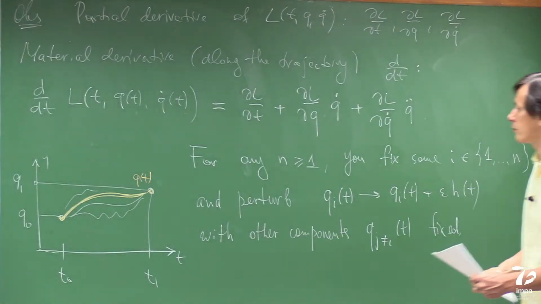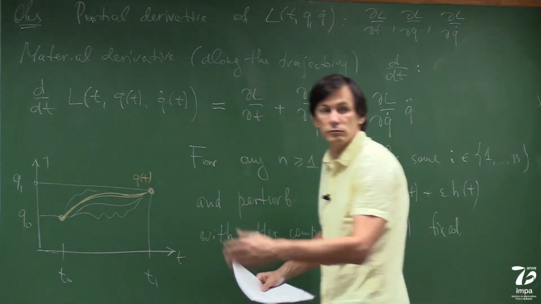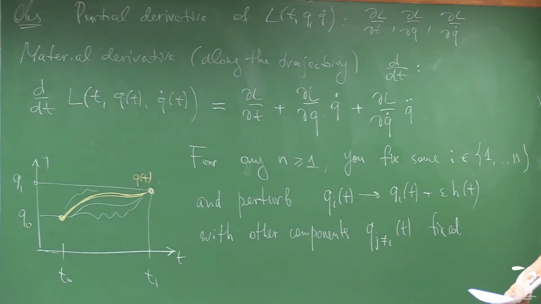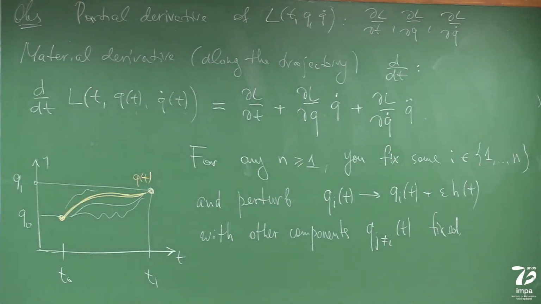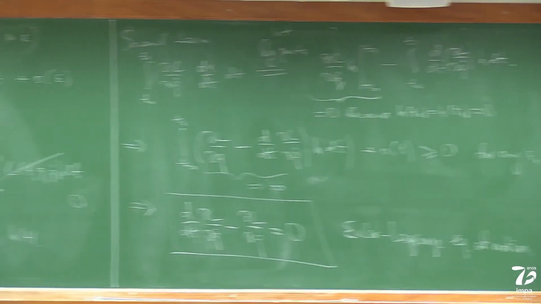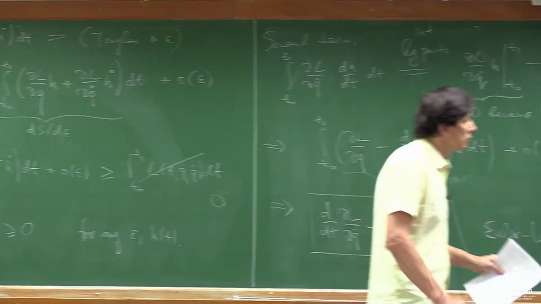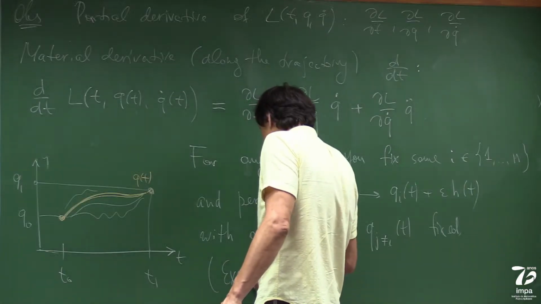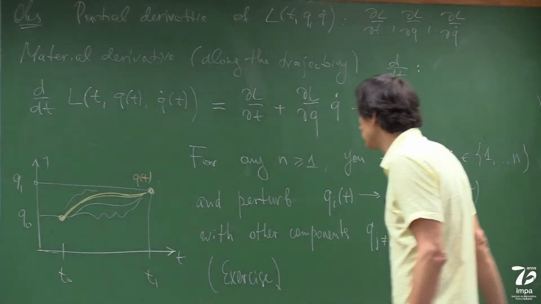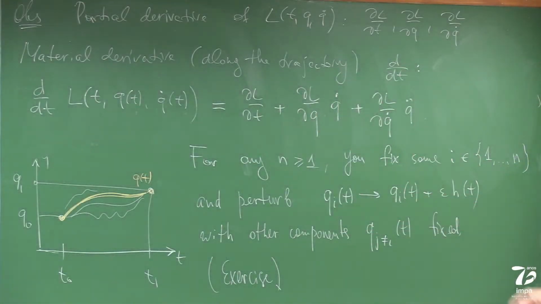So you perturb, now q is a vector, right? But you can perturb just one of the components, keep the other components fixed, and do the whole analysis in the same way. I can leave it here as an exercise. The analysis essentially does not change because the other components are just kept fixed.